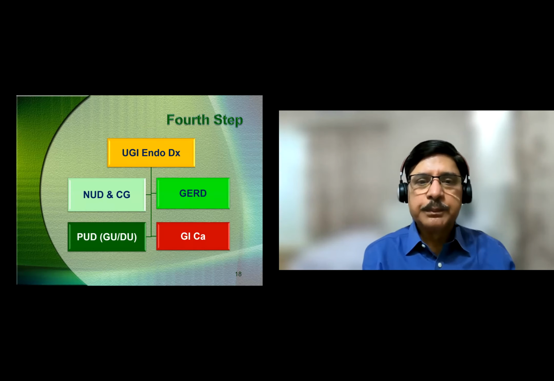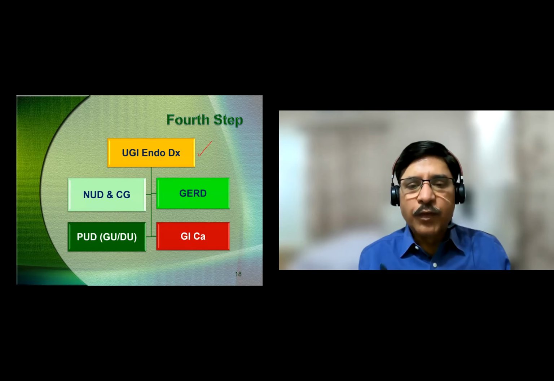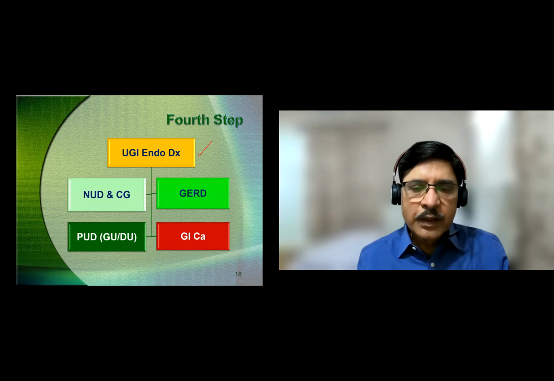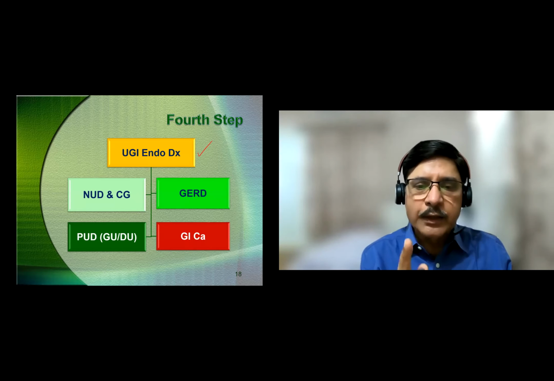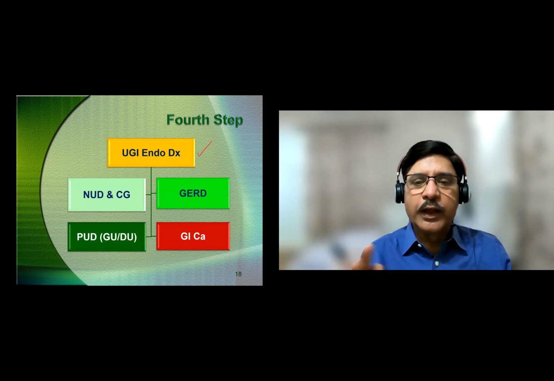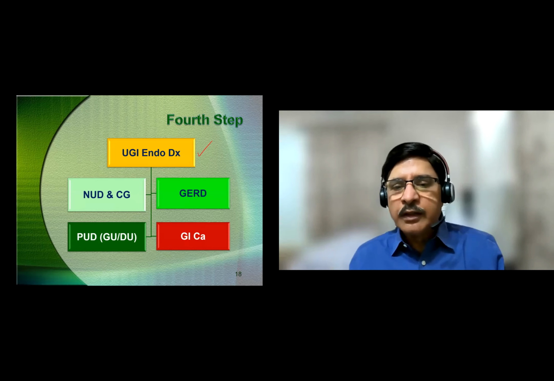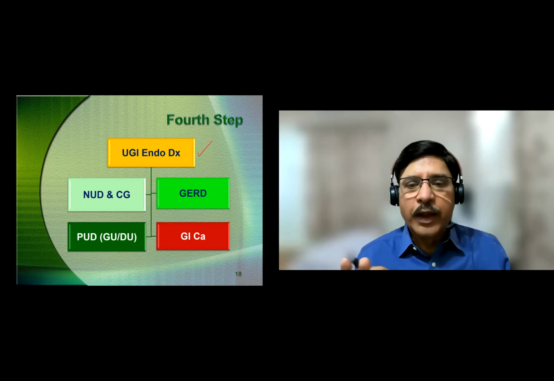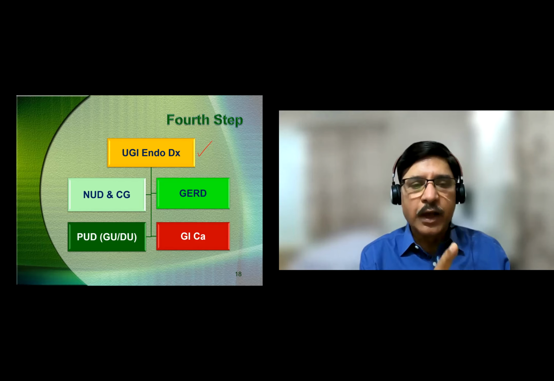Fourth step, UGI endoscopy has been done, then it can fall into one of the 4 categories. If you see an endoscopic report, you have to ask the endoscopist to mark the patient into one of the 4 categories. Otherwise, the report is not acceptable internationally. They can't say there is some erosion, there is this, there is that, some vague description. They can write anything in the description. At the end, is it non-ulcer dyspepsia, NUD?